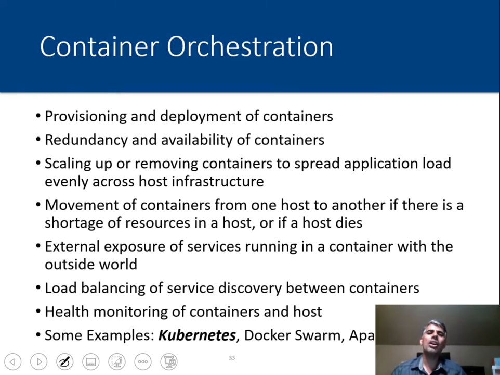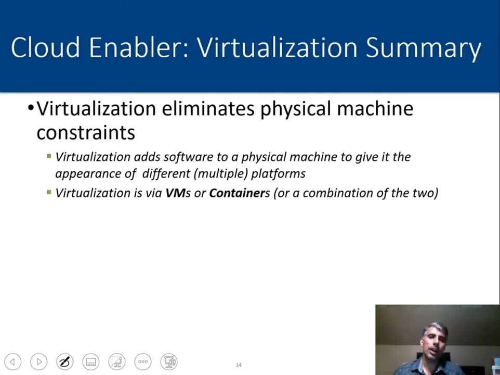It has similar responsibilities to those that OpenStack or OpenNebula has, but it is more towards containers. The very popular orchestrator nowadays is Kubernetes. That is a product of Google. It's open source though, and it is being extensively used. There are other platforms like Docker Swarm or Apache Mesos, but Kubernetes is getting more popular nowadays.